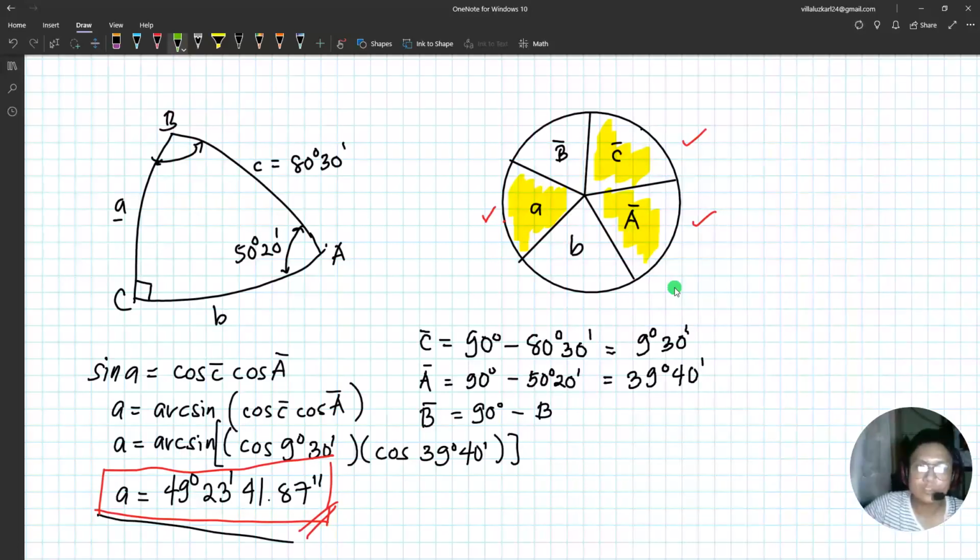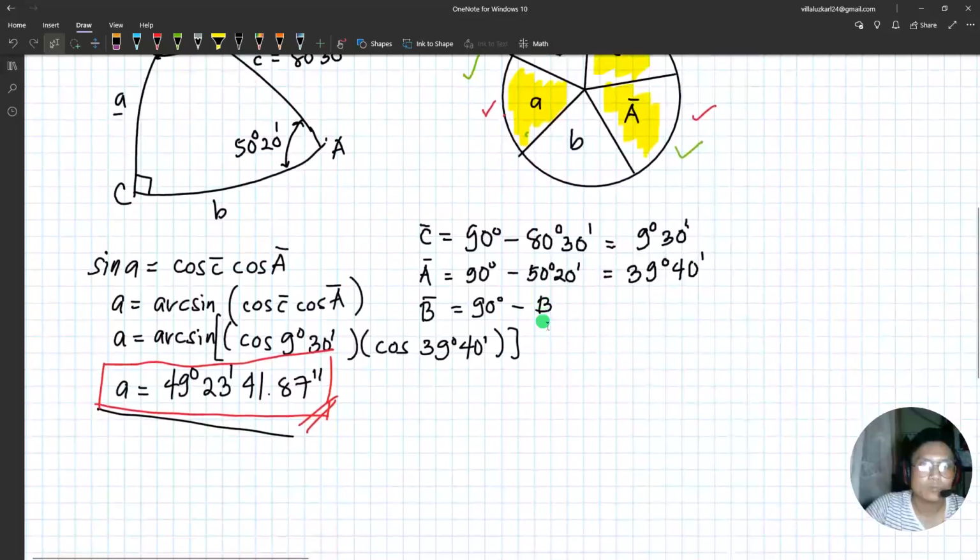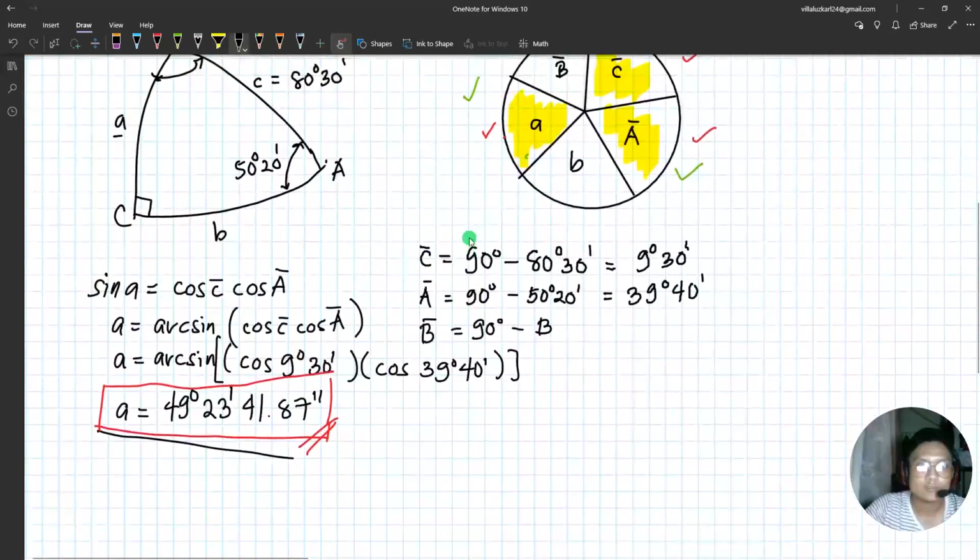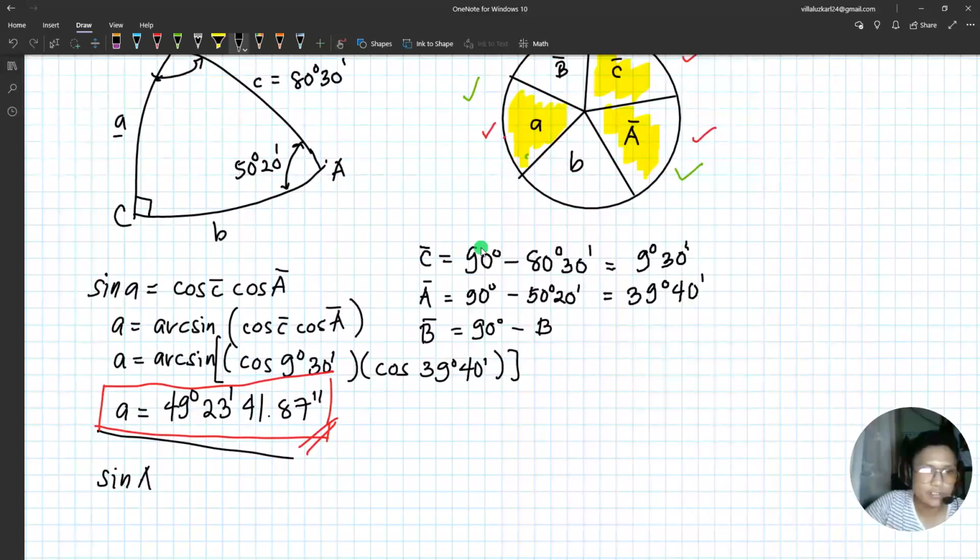If I choose bar A as the middle part, these are the opposite parts. Therefore I have two givens and one unknown, so I can solve bar B. Solution using the Sin-Coop rule again: sine of bar A as the middle part equals the product of the cosines of the opposite parts, cosine of A and cosine of bar B.